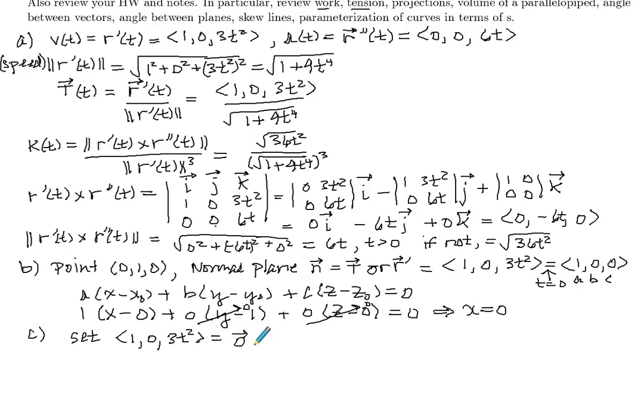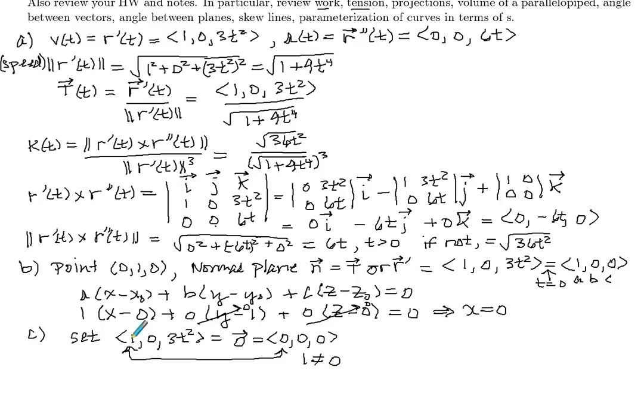It would have to be 0 in every coordinate. This coordinate's always 0. This coordinate is 0 when t equals 0, but the first coordinate is never equal to 0, because this is the vector 0, 0, 0, and 1 is not equal to 0.